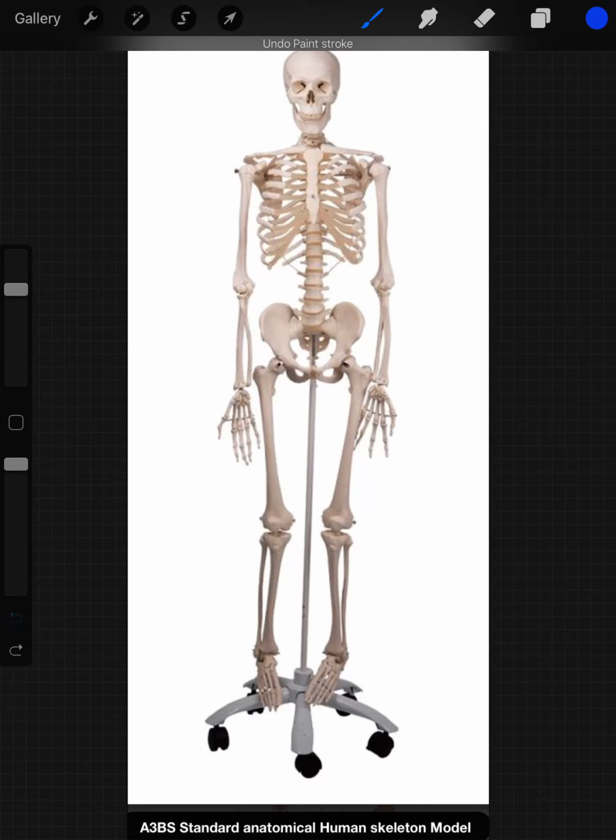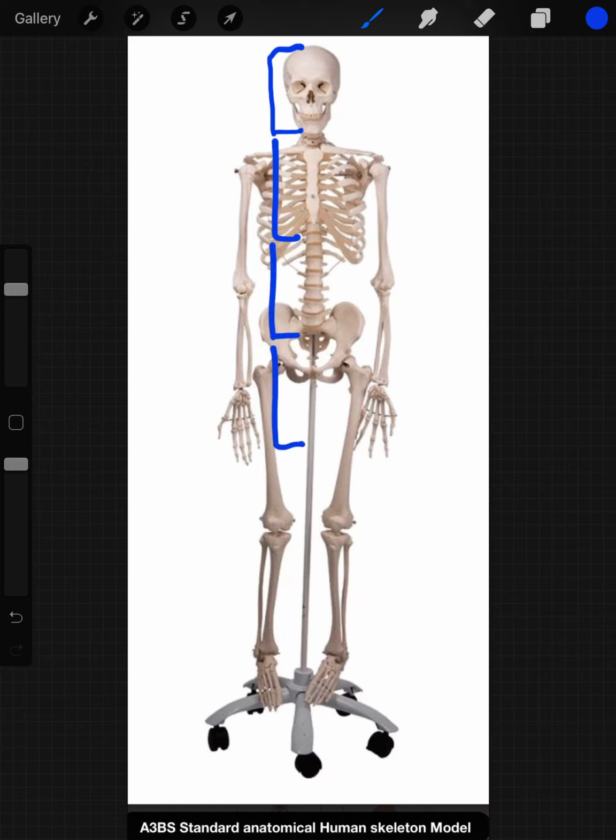As I erase this, let's go ahead and look at how many heads high the skeleton is. So first of all, we have our skeleton here, the actual skull. And then we're going to actually use our pencil to measure. In this case, I am using a different device. So we'll say that's 1, 2, 3, 4, 5, and about, we'll say 5.5 here.